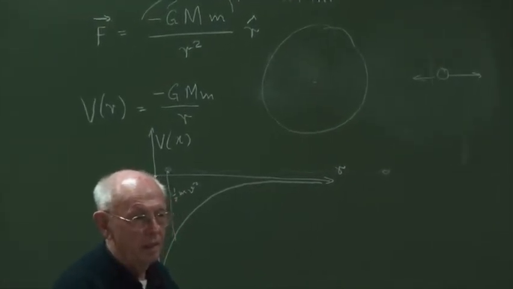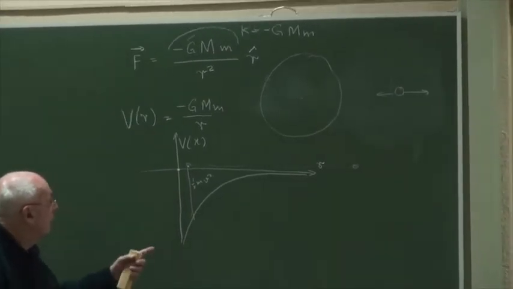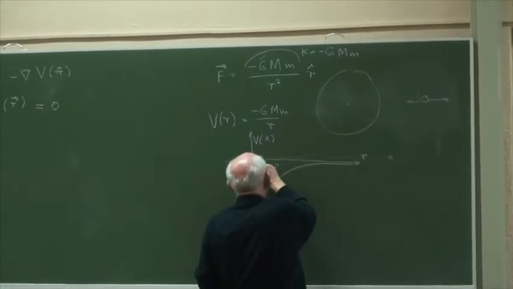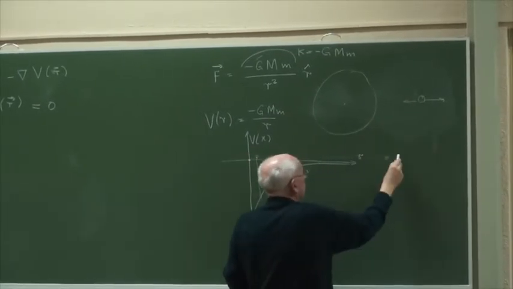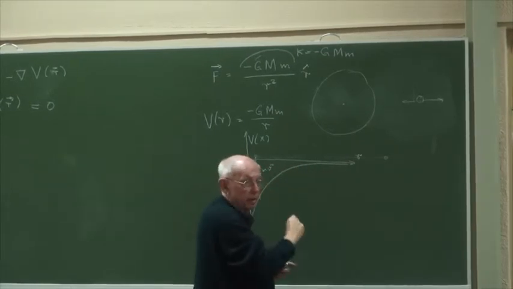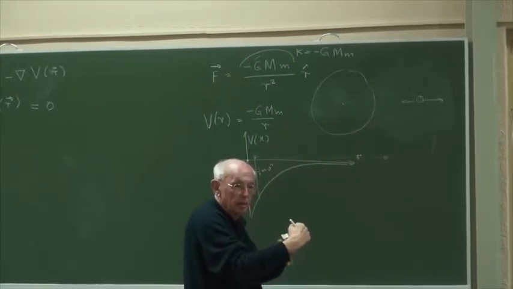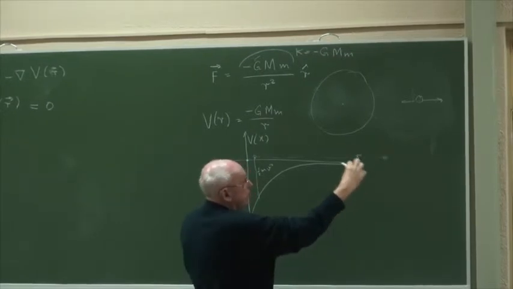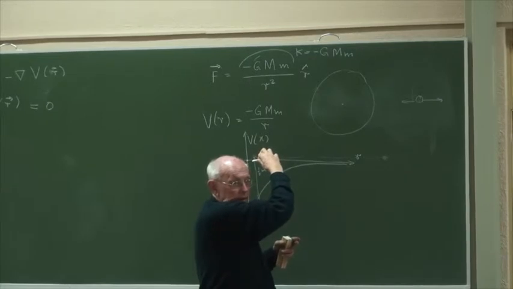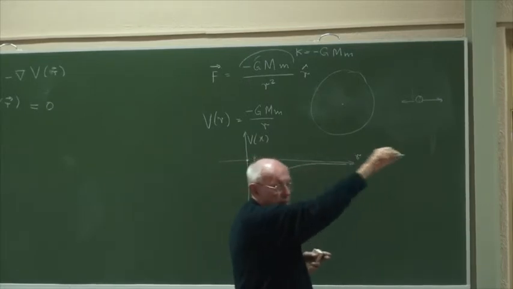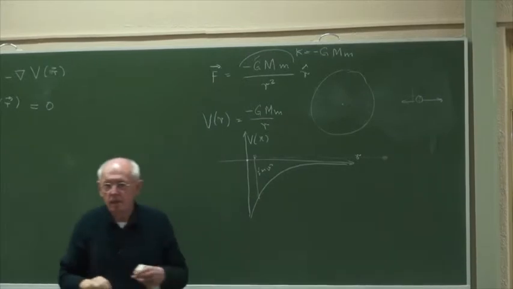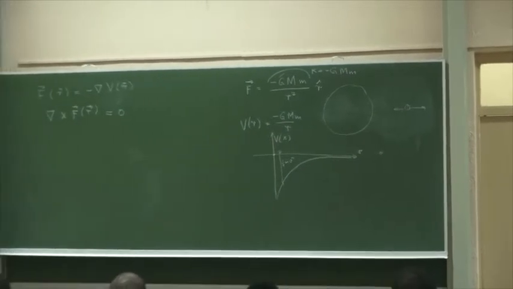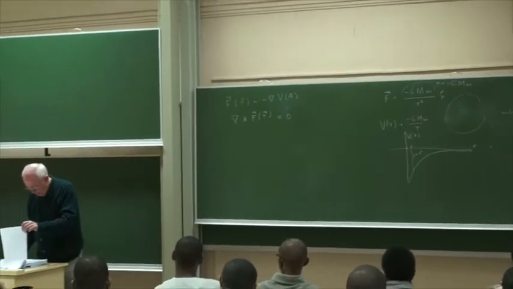And now this point is this point here, and I am bringing that guy in, and it's being attracted, and it needs a force in the negative direction. Okay? That's my positive direction. Happy? Okay.